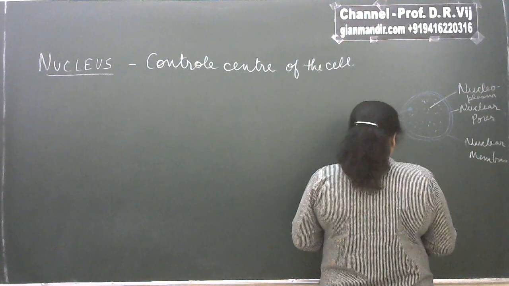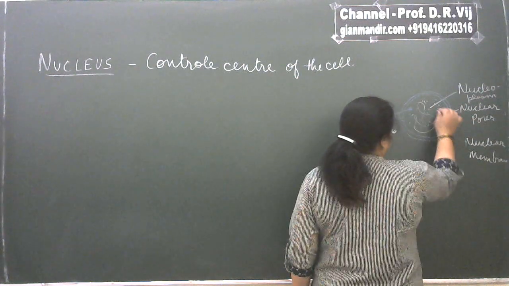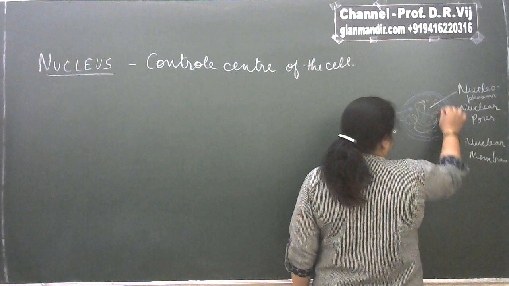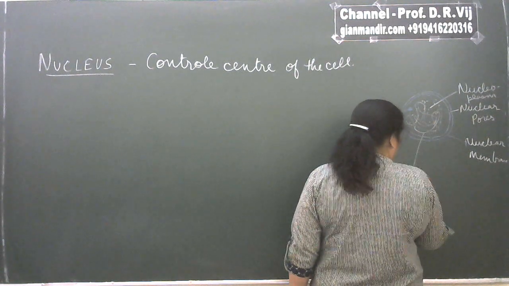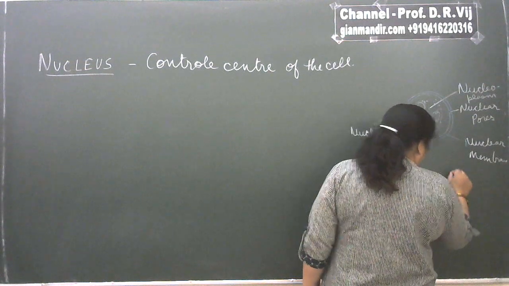And then there is an entangled thread-like structure present in the nucleus, and this is known as chromatin material.